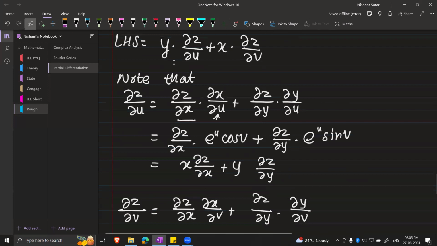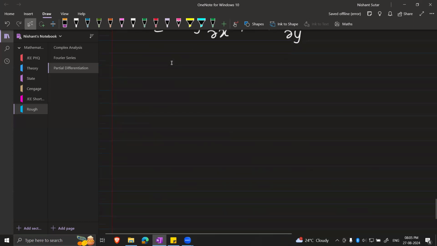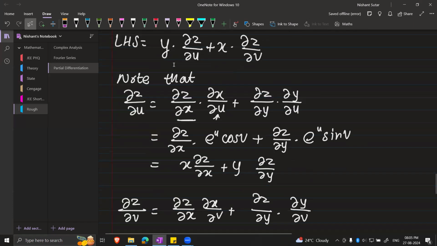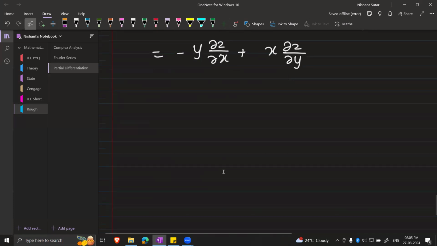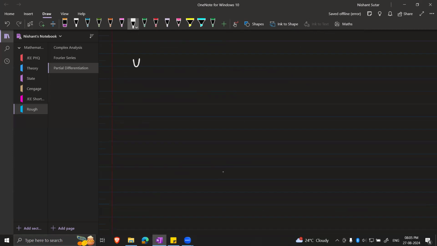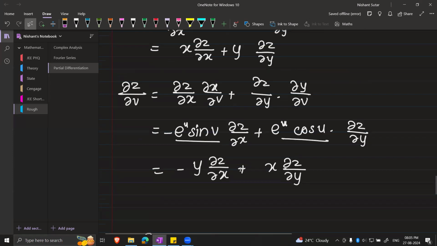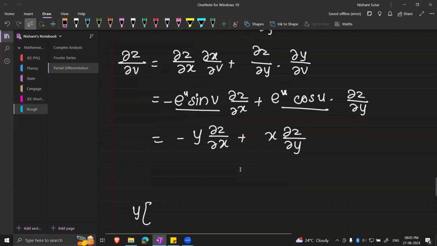So adding these two with multiplying with y, so we will have here y multiplied by, well, I should write this on some upper side so that I could get a clear view.